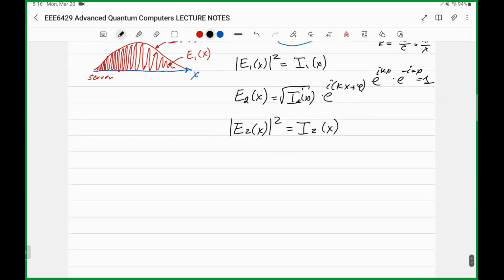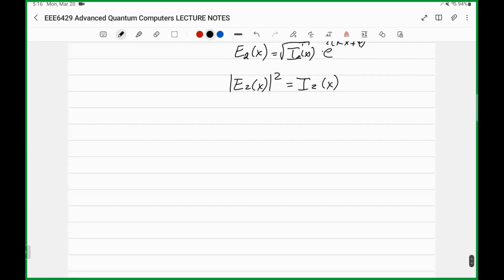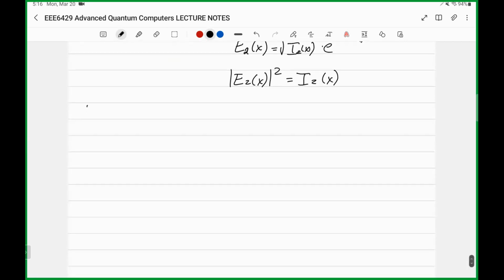Very good. So now I go ahead and consider both of them, consider both their fields. What I get? My total field will be the sum of the first and the second one, the sum of these two partial waves.